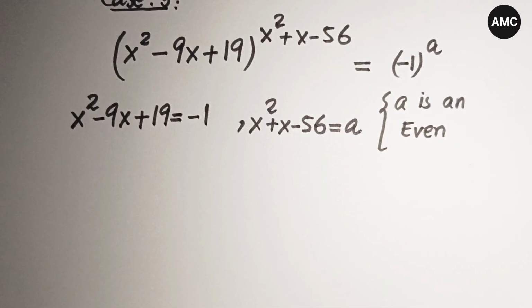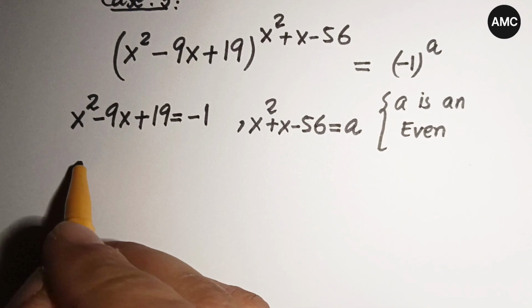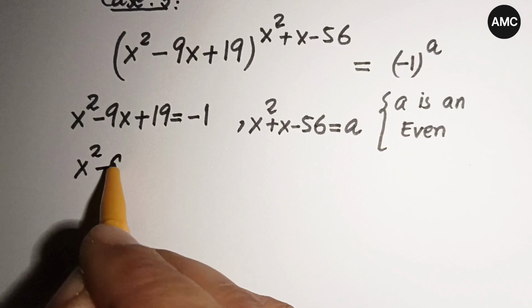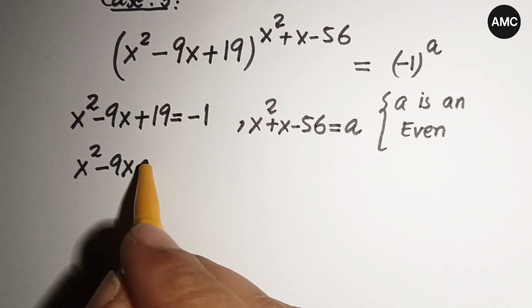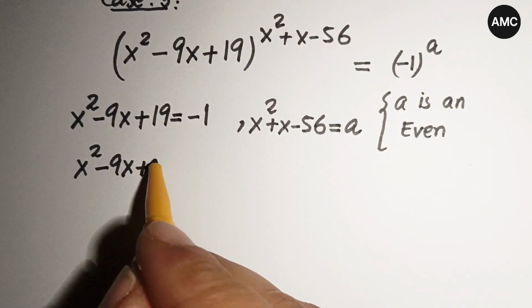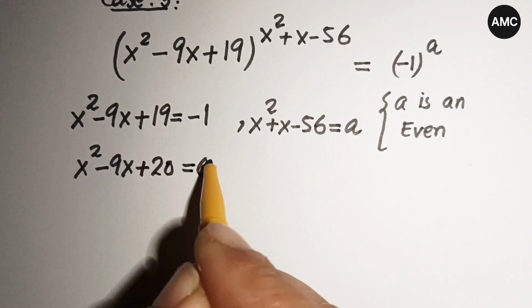Now here we have x² − 9x. This minus 1, if we shift it here, we get 19 plus 1, which is plus 20, equal to 0.